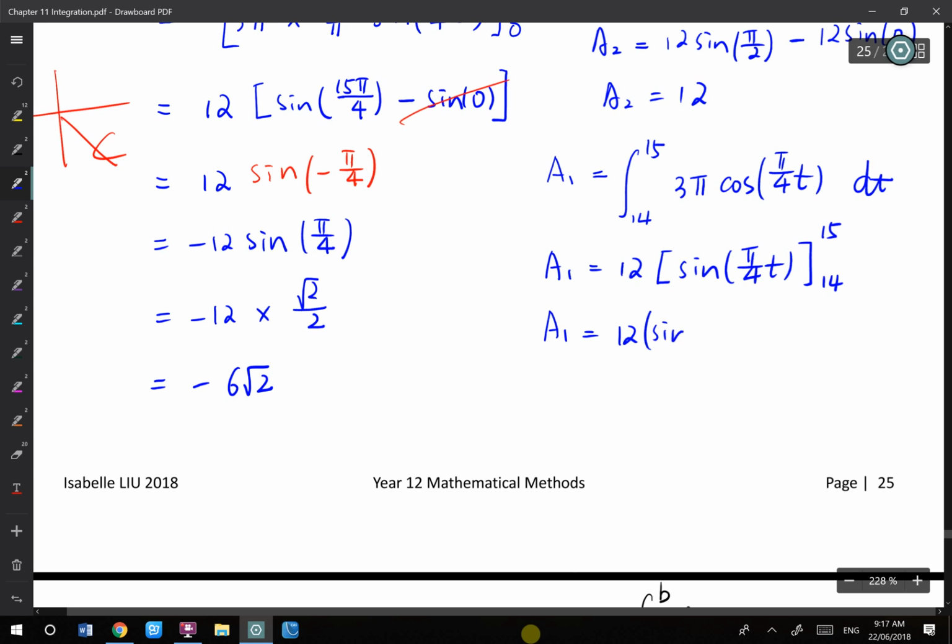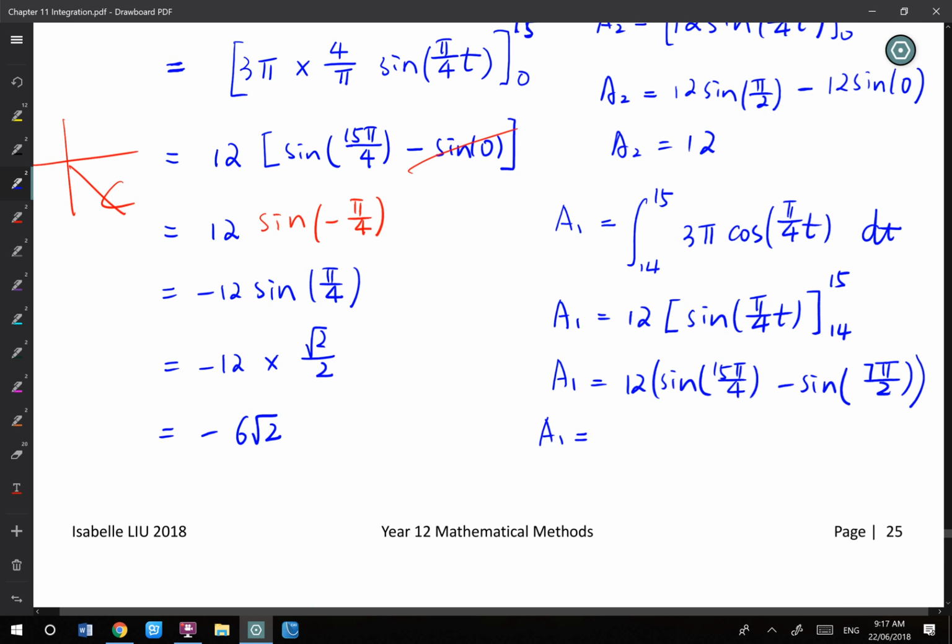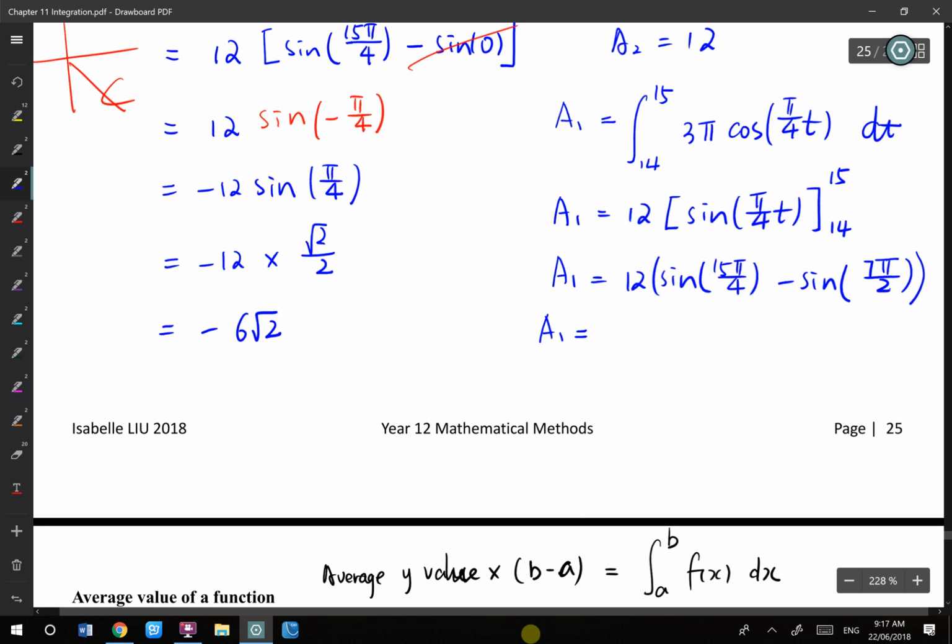That's 12 bracket sine 15 pi over 4 minus sine 7 pi over 2. 14 over 4 is 7 over 2. Sine 7 pi over 2 is at this place.